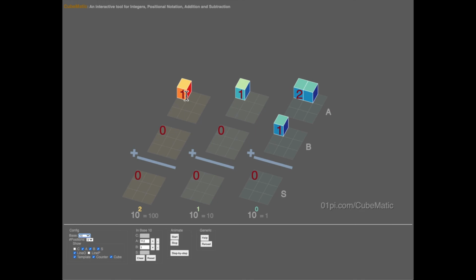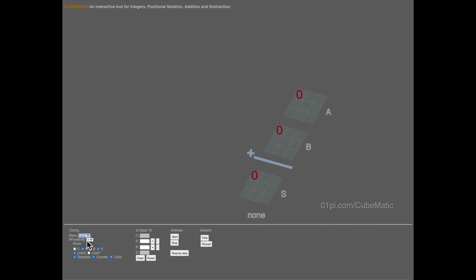Okay. Let me show you one more thing for future reference. So again, go back to the no base system, and suppose I have one hole, and suppose I have nothing here. So if I do the addition, that hole moves down to S, and we are done, right?